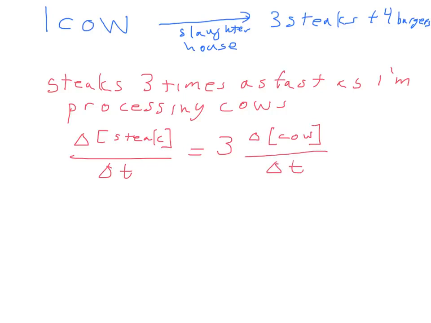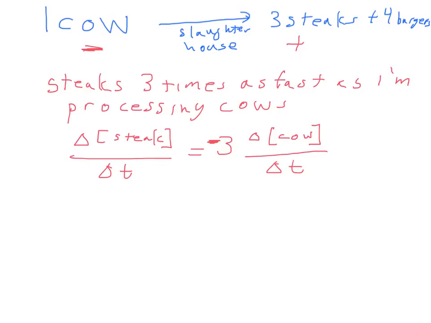But I'm not even done there, right? Because my amount of steak increases over time and my amount of cows decreases over time. So I have to account for that. So I'm going to put the negative there. So it would be a negative 3 times the rate of my cow consumption would equal my steak production.